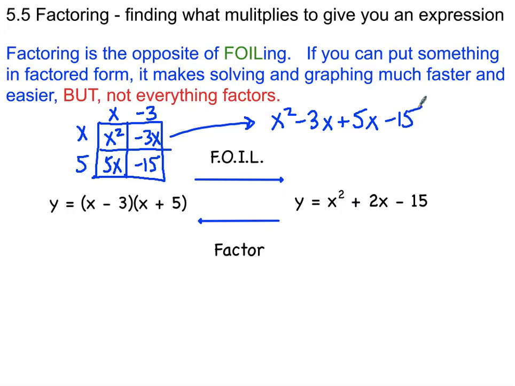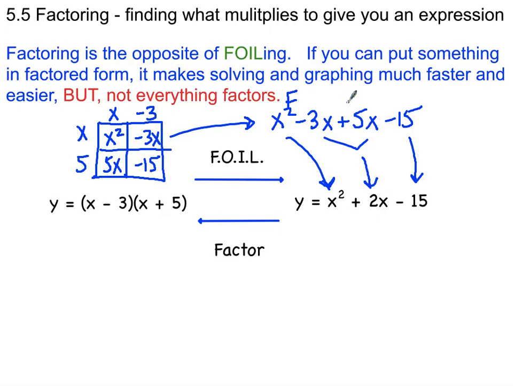So the two middle terms are the ones that combine, and that's where that 2x comes from. So here's the x squared, here's the negative 15, and the two middle terms made the 2x. If we use the acronym FOIL, the first two terms made the x squared.